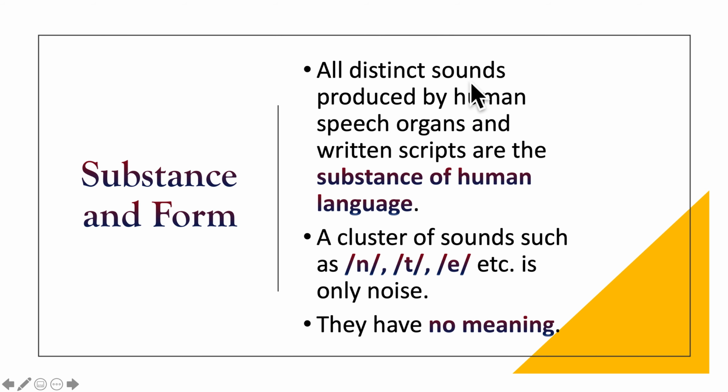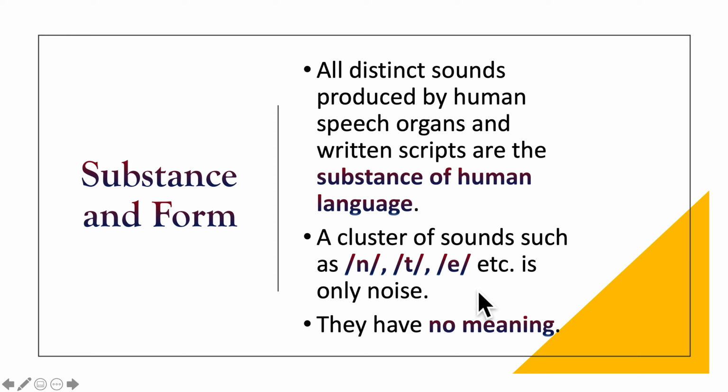All distinct sounds produced by human speech organs and written scripts are the substance of human language. So just remember, they are known as the substance of human language. A cluster of sounds such as n, t, a is only noise.